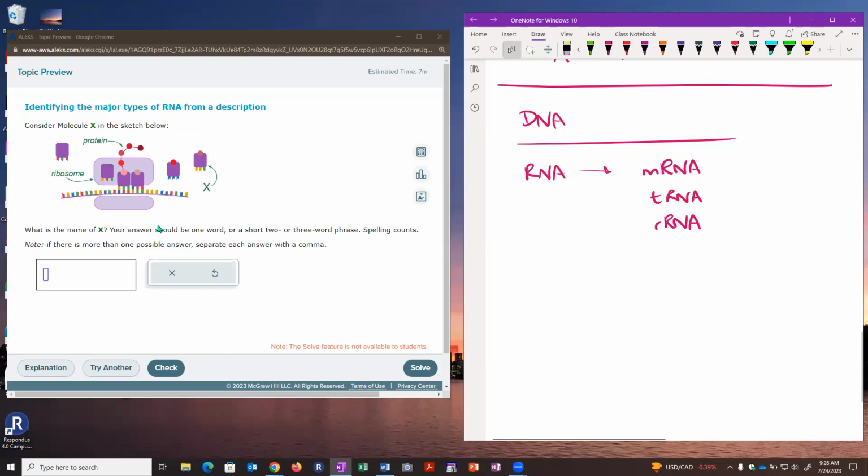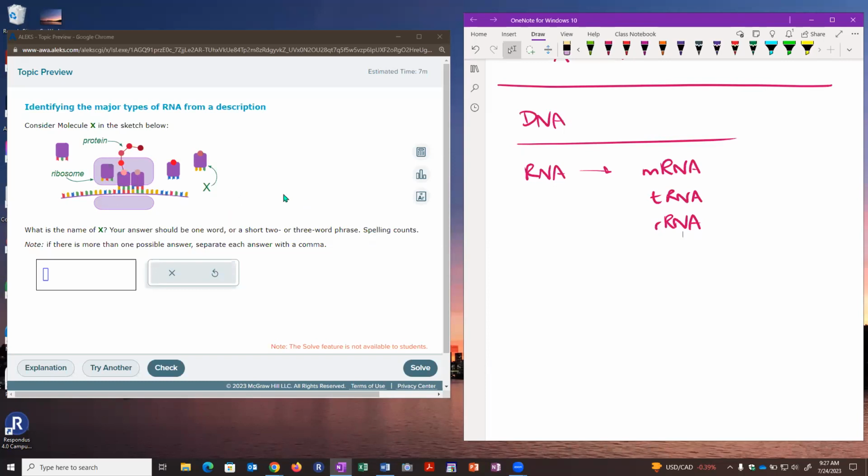So what's going on in this particular diagram? Well, here you can identify your messenger RNA. That's your transcript. And then you're told this is the ribosome that you have. The ribosome has a large subunit and a small subunit, and the ribosome is where protein synthesis happens. So what are proteins made up of? They're made up of amino acids.